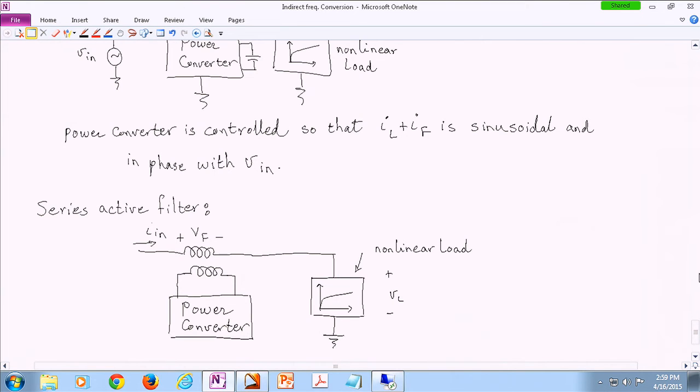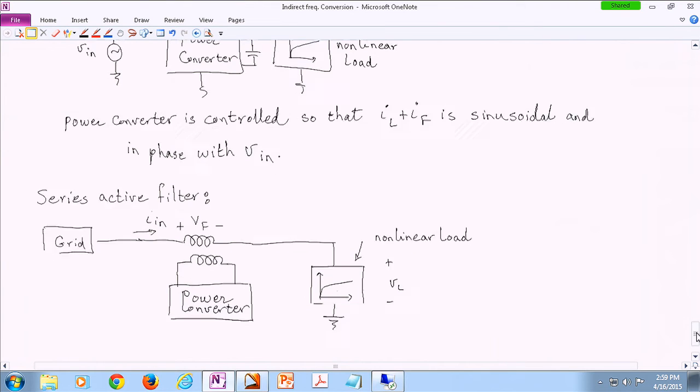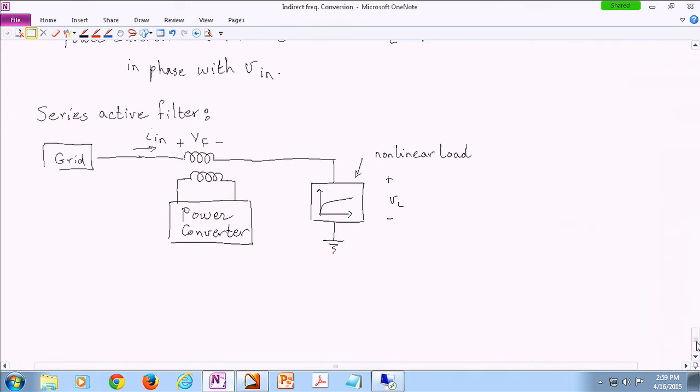By the way, you have your grid, for instance, here. So this time your control logic is different.